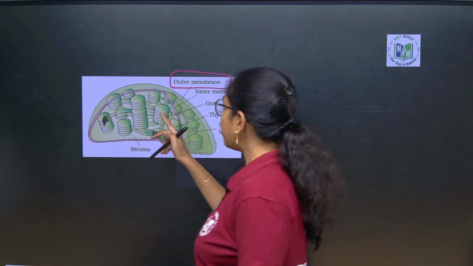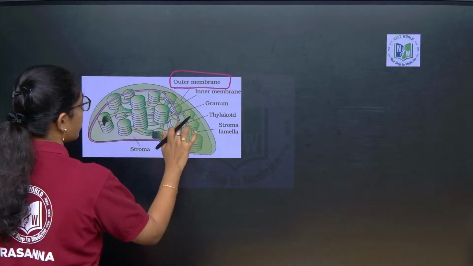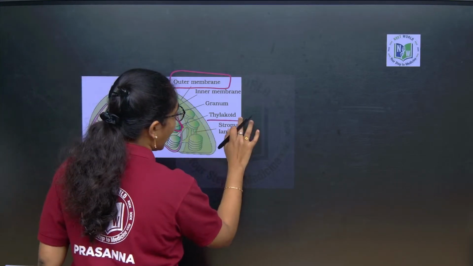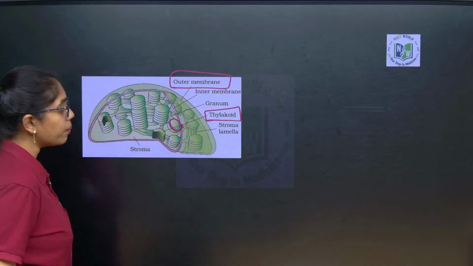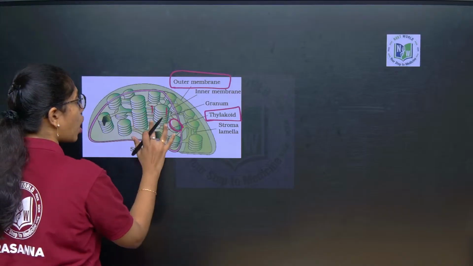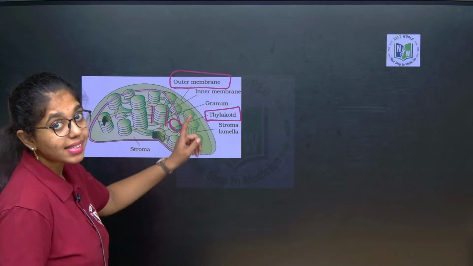Next, the membranous sac-like structures inside the chloroplast are called thylakoids, and the stack of the sac-like structures is called grana.